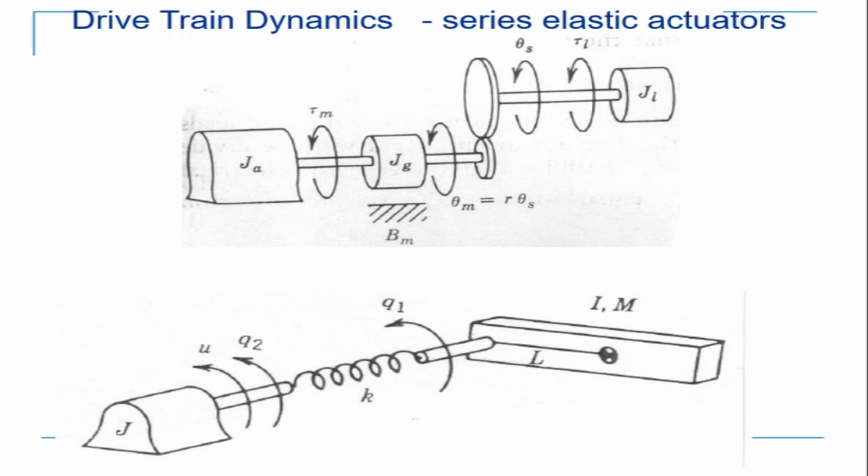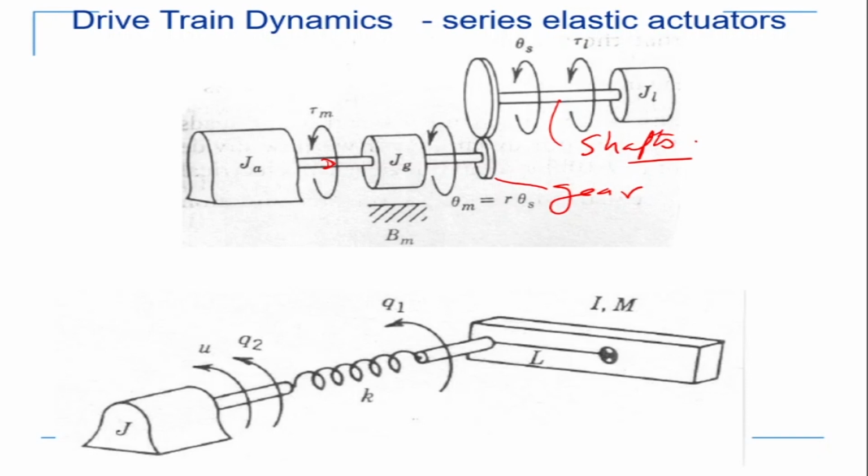The output of the gears is again a shaft which is connected to the gears on the link side, and then from the gears again. So these are shafts, and this is my gear, and this is a shaft again here. We made the assumption that all of these are rigid bodies. Okay, that is one.